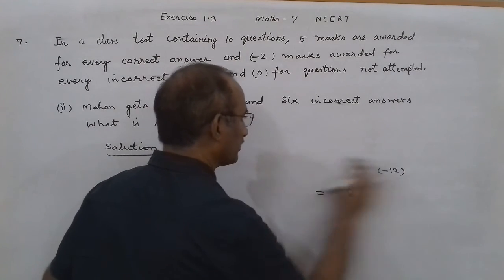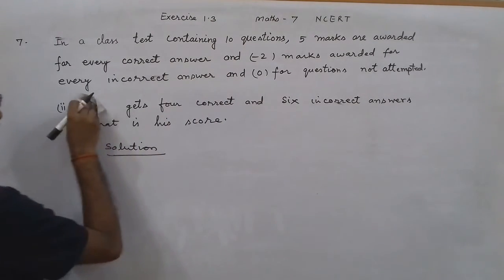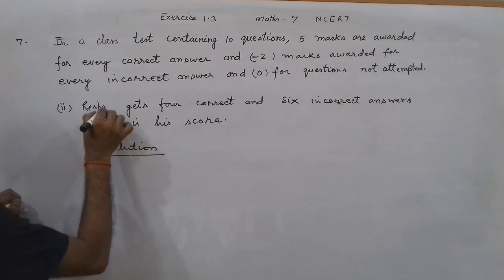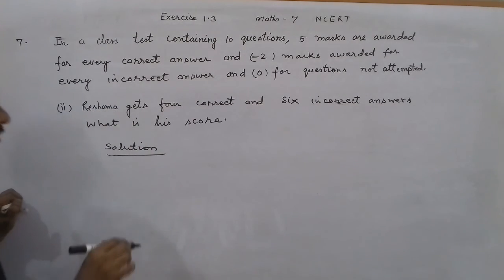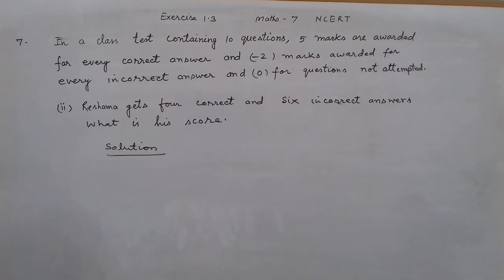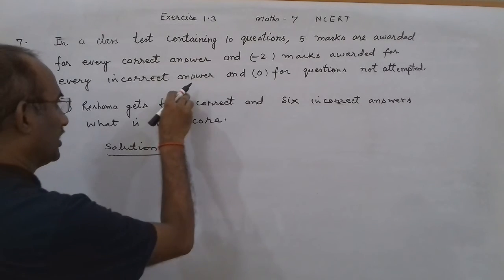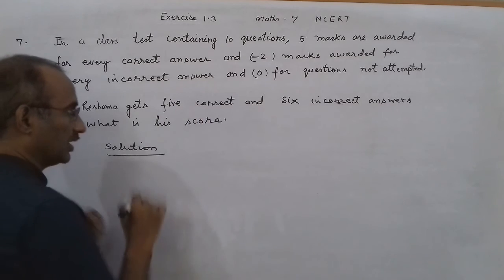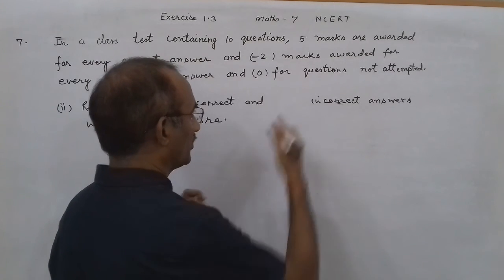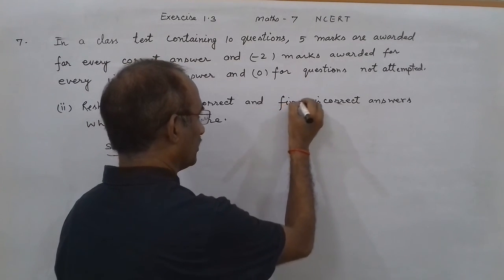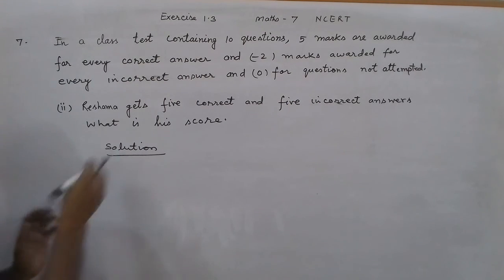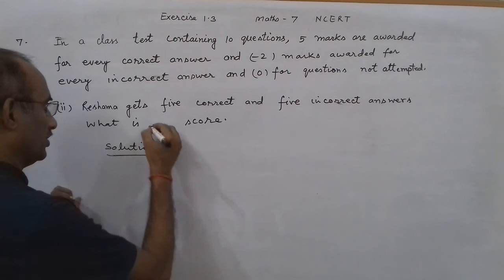Second question is: Resma gets 5 correct answers and 5 incorrect answers.